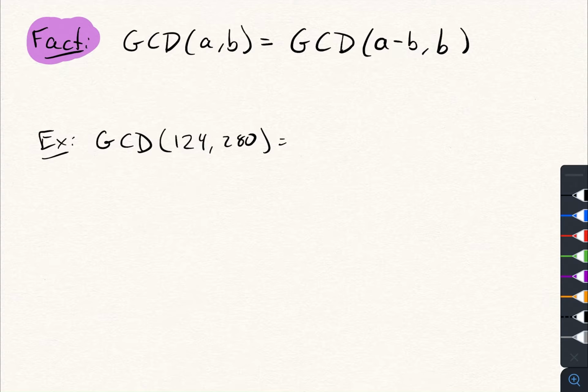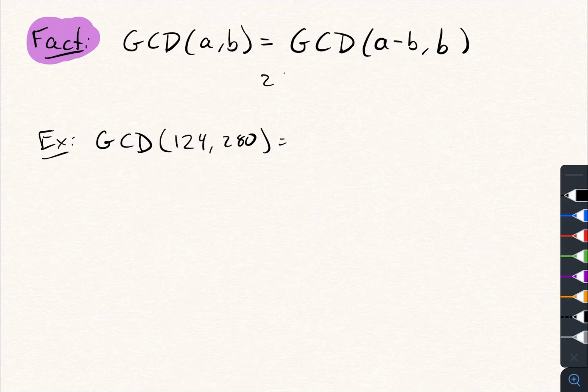I guess the 280 is going to take the role of A. This is sort of assuming that A is the bigger one, so we subtract the smaller one from the bigger one. It doesn't really matter which one comes first. So let's just subtract 124 from 280.